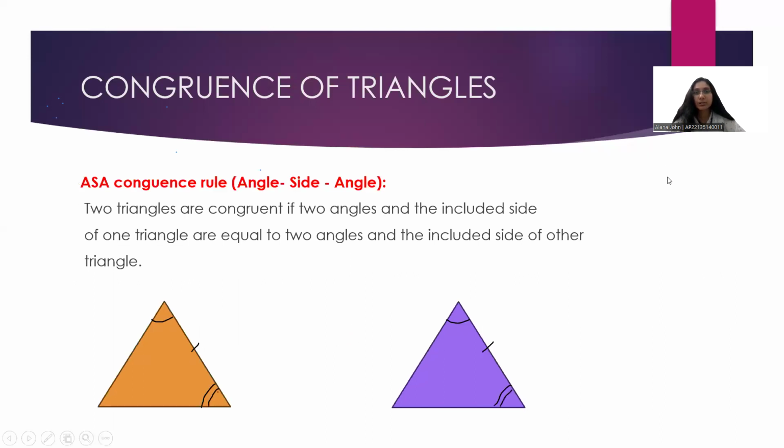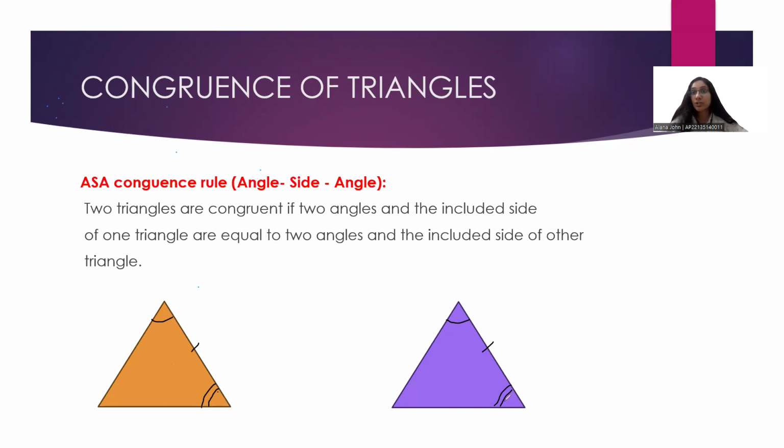The next congruence rule is the ASA congruence rule, which means angle, side, angle. We are taking two angles of the two triangles to be equal and also the side in between those angles. Considering this example, it will be understood more clearly. This angle is equal to this angle and this angle is equal to this angle.